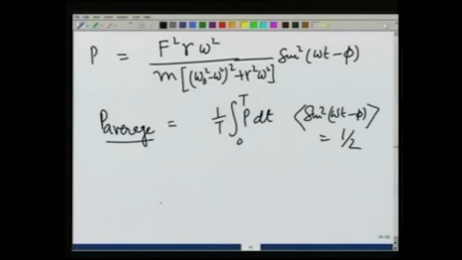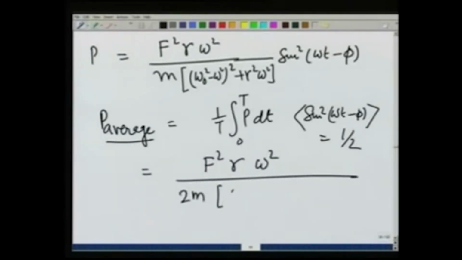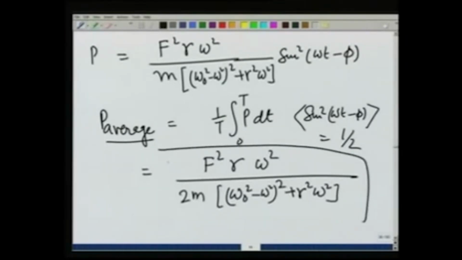Recall RMS value from AC circuits in your 12th. So, average power comes out to be f square gamma omega square over 2m times omega naught square minus omega square, whole square, plus gamma square omega square. This is the average power loss in the system.